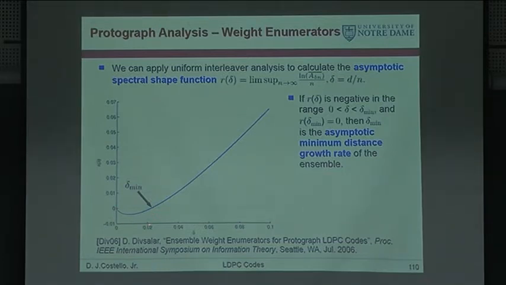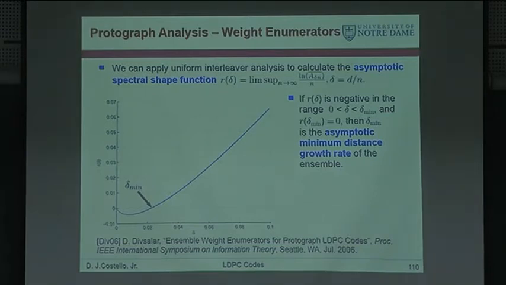And if you look carefully at this, you'll see that the crossover point here is 0.023. So this is the spectral shape function for the 3/6 regular ensemble, which we said had a distance growth rate of 0.023. What this essentially says is that if the spectral shape function is negative, it means as n is getting large, as the block length gets large, the probability that, this spectral shape function, there's a log in here, is like a coefficient in an exponent.